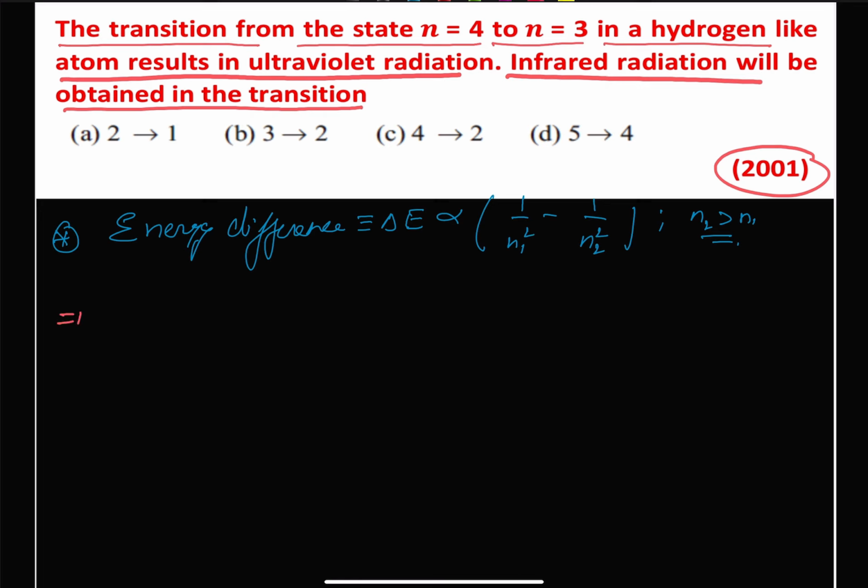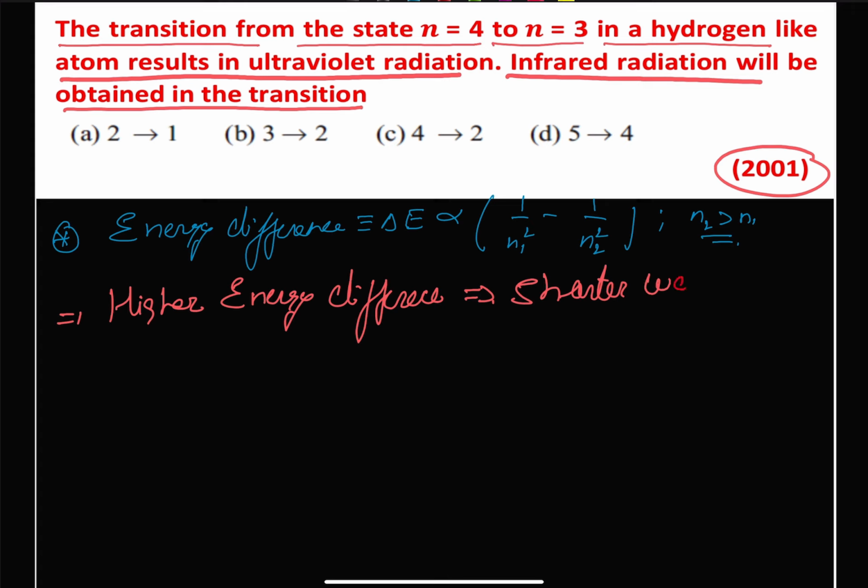So if we are having higher energy difference, this will result in shorter wavelength, or in terms of the given question, it is related with our ultraviolet.